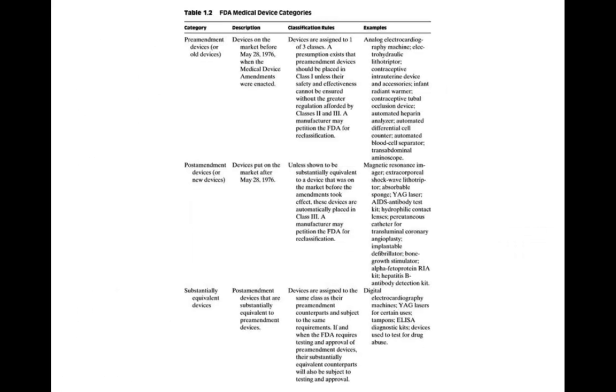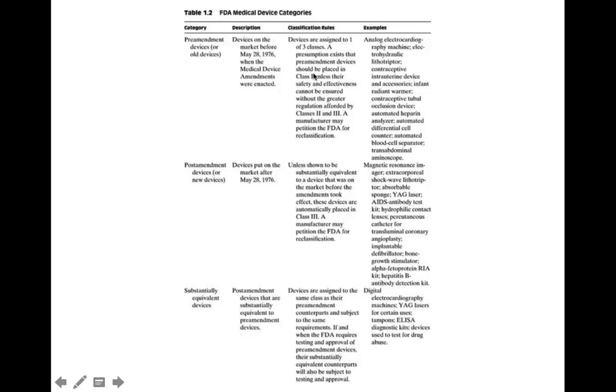So what does the FDA do? Basically, things are divided by date, and that date was May 28th, 1976. So if you've got pre-amendment devices, most of those are analog, and they're used for all different kinds of things.